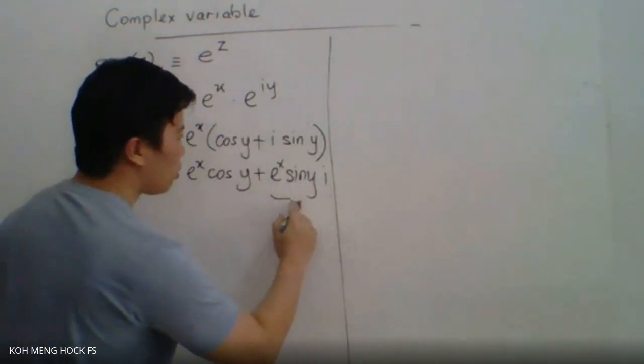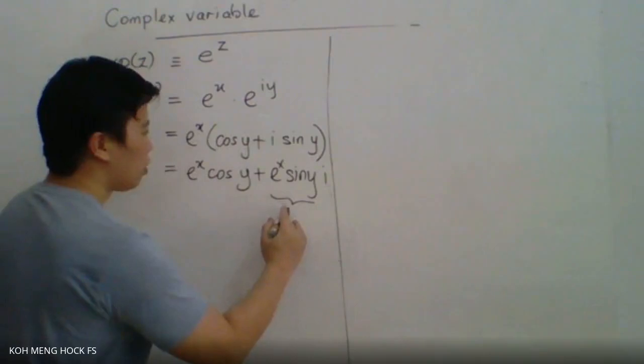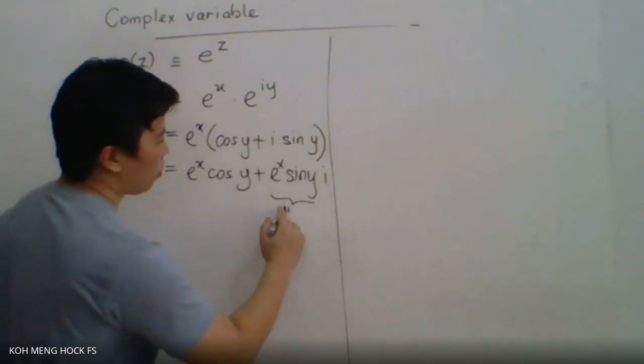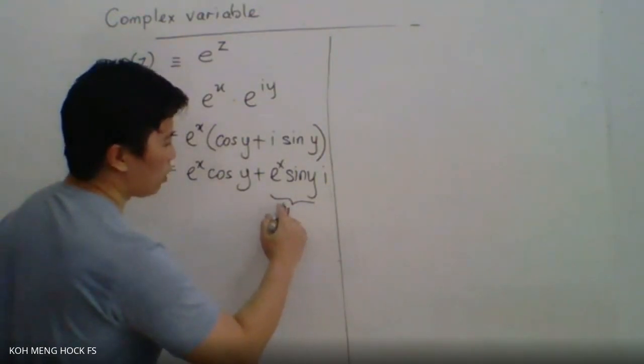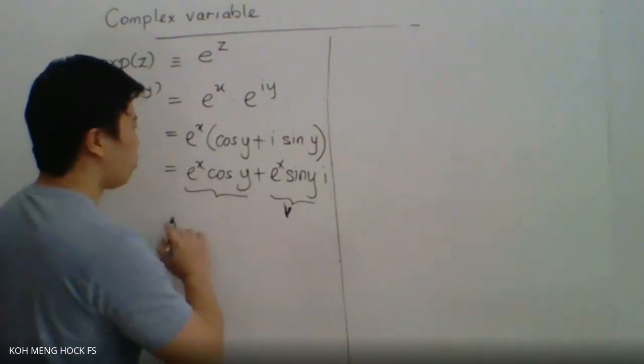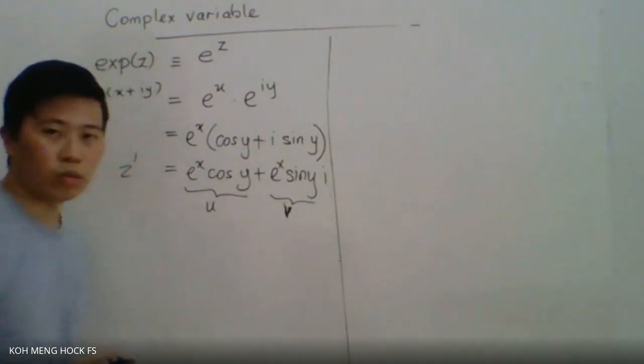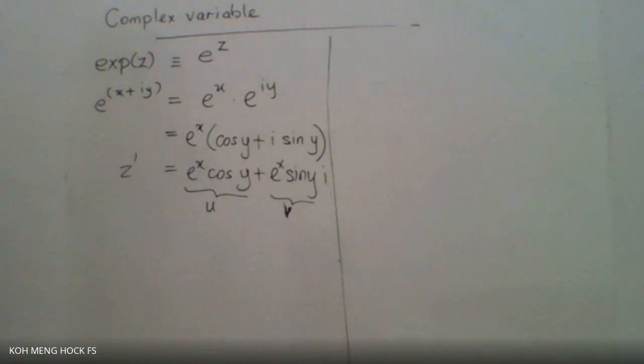So this is the imaginary part, which we write as v, and this is the real part of the complex number, so this is u. So the answer just now was B. Everyone agree? Faham? This is a tricky question.